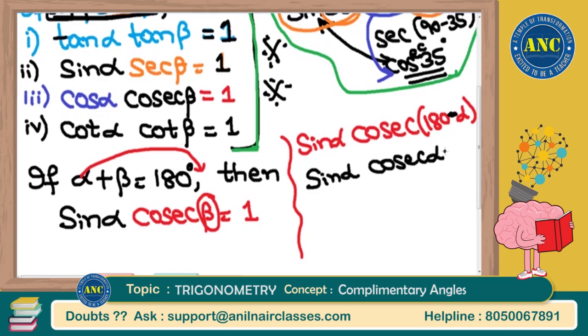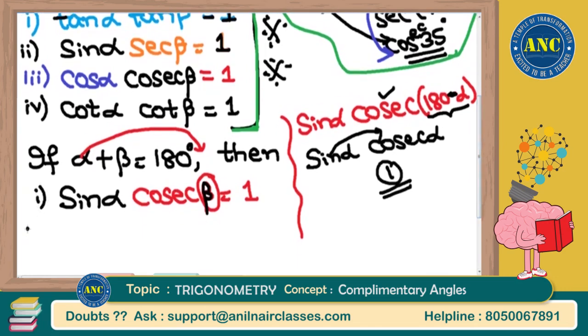And 180 minus alpha lies in the second quadrant where sin and cosecant both are positive. So it is plus cosecant alpha. Sin and cosecant are reciprocal, the product is equal to 1. That means sin alpha and cosecant beta, the product will definitely be equal to 1.